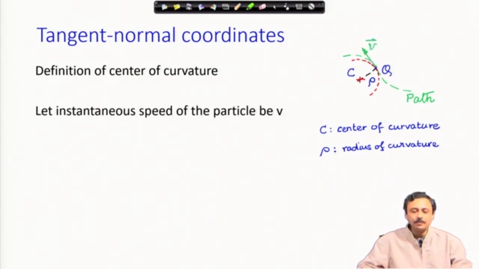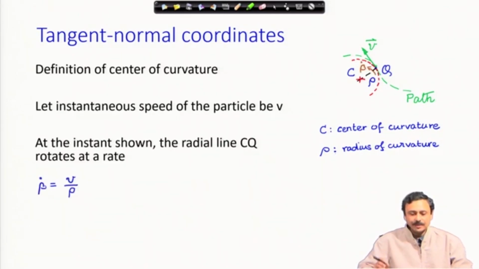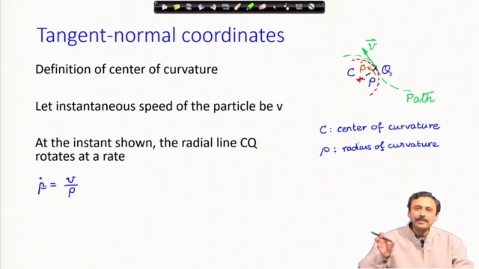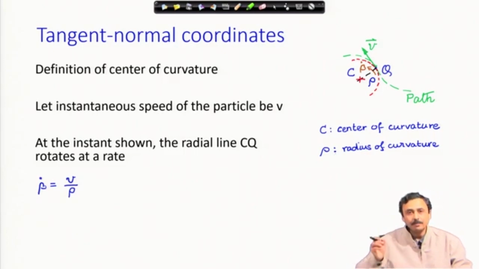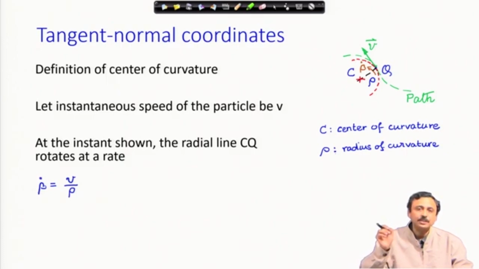Let the instantaneous speed of the particle, which is the magnitude of the velocity vector, be v. Velocity vector is always tangent to the path as shown here, and the magnitude is v. Then you can imagine that this line CQ, Q is the particle, so C to Q, the center to the particle, is a radial line, and that must be rotating as the particle moves, at least for infinitesimal motions.